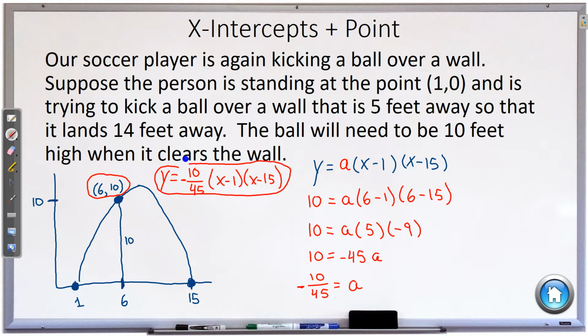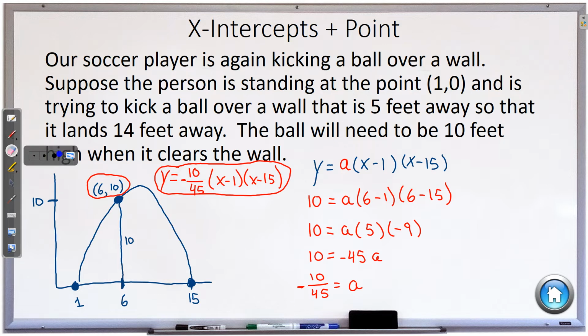So using factored form, we're again able to write an equation that models the path of this ball through the air, but we didn't need the vertex. We just needed the starting point, the ending point, and then some other random point on the parabola.